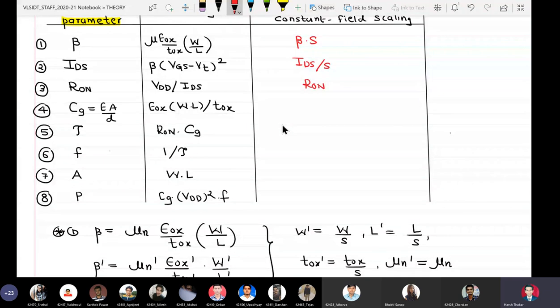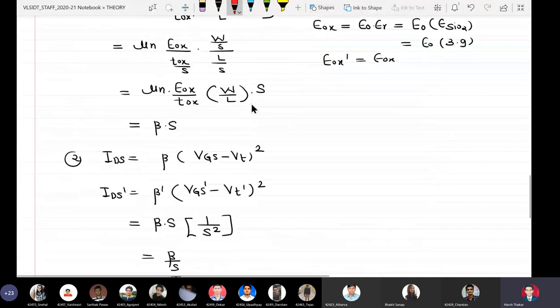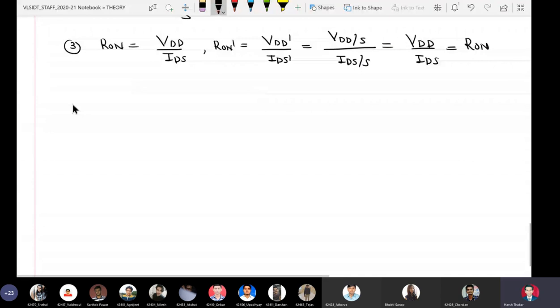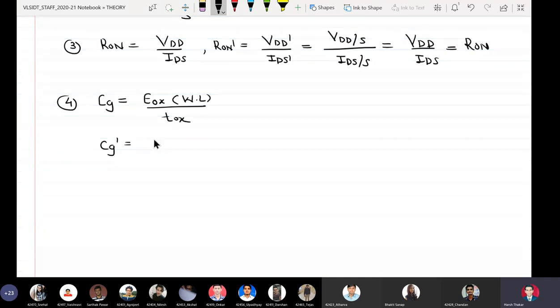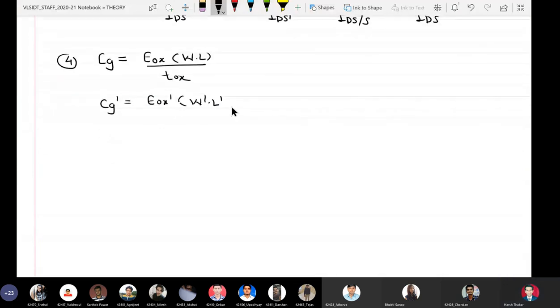Now we come to CG, that is the gate capacitance. Gate capacitance is epsilon A by D, so it is epsilon ox into area upon distance. So Cg dash is equal to epsilon ox dash into W dash into L dash upon T ox dash.